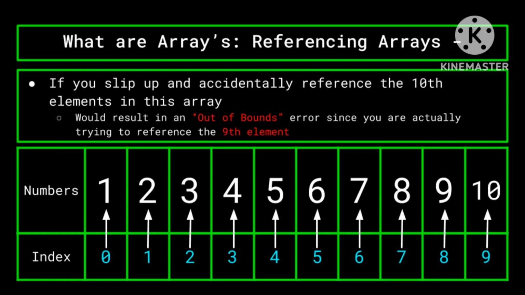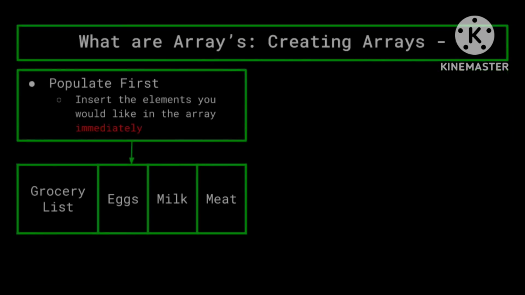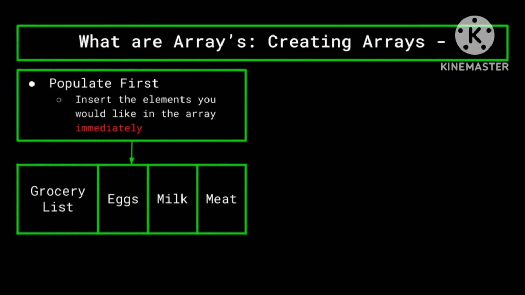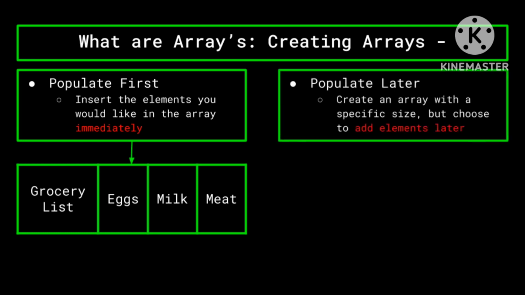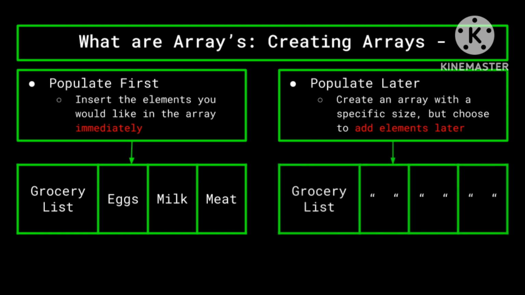Another extremely important thing to note about arrays has to do with their size. When you initialize an array, you can do it in either one of two ways. You can either populate it with the elements that you want contained in the array right then and there, creating and filling the array at the same time, or you can define how many elements you want the array to hold, essentially the array's size, and then populate it with elements later.